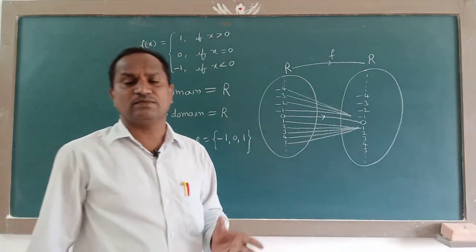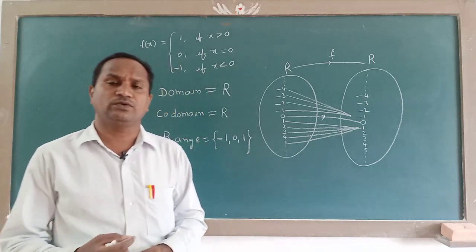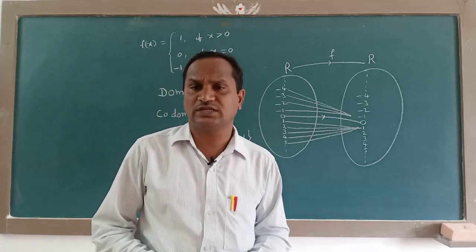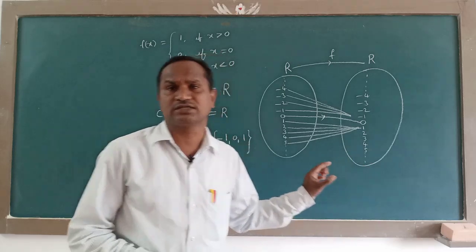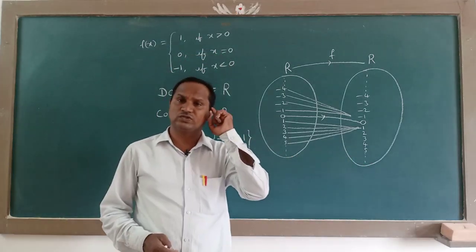Next, let us discuss the graph. How do we draw the graph of the signum function with the help of these function values minus 1, 0, 1?